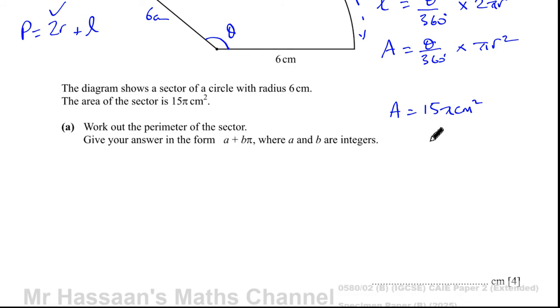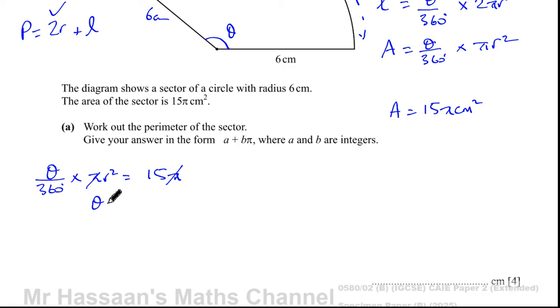To find the angle theta, we can use the fact that theta over 360 times pi r squared, which is for the area, is equal to 15 pi. I can cancel out the pi straight away.